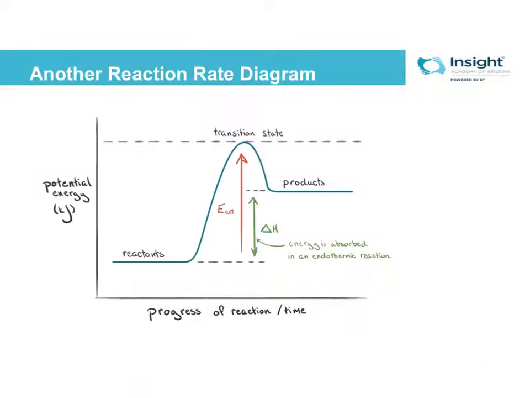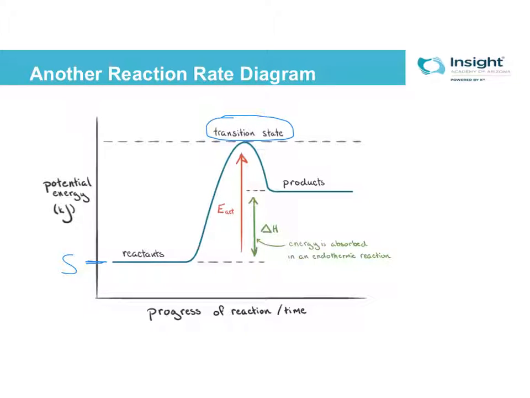All right, so here's another example. You can tell that your reactants start down here, so I'm going to put S in for our starting point. We're going to put in our activation energy. This one has a huge amount of activation energy. We've got to get up to that transition state. That's always going to be the highest point on here.